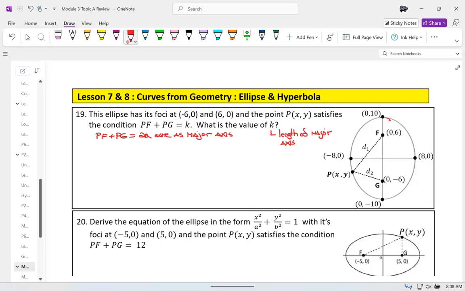Okay, so when I look at this, the length to that vertex is 10, and the length to this vertex is 10. So the total length for the major axis is 20. So K is 20.